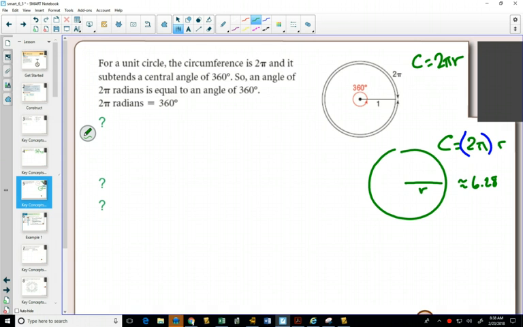Using that idea and moving forward, I'm going to use degrees first. 360 degrees is equal to 2 pi radians. So if 360 degrees is equal to 2 pi radians, how many degrees is pi radians?